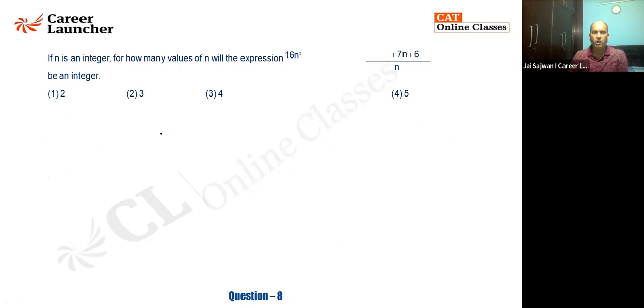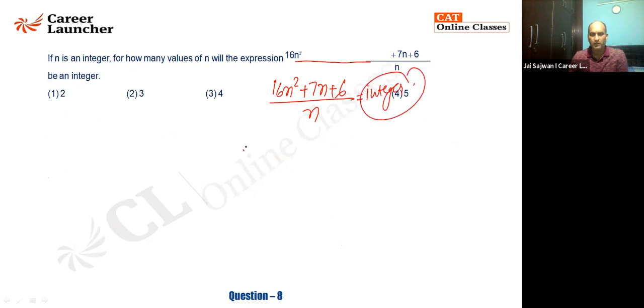If n is an integer, how many values of n will make the expression, sorry, 16n square plus 7n plus 6 divided by n, an integer? How many possible values of n can you take where n belongs to the integers?